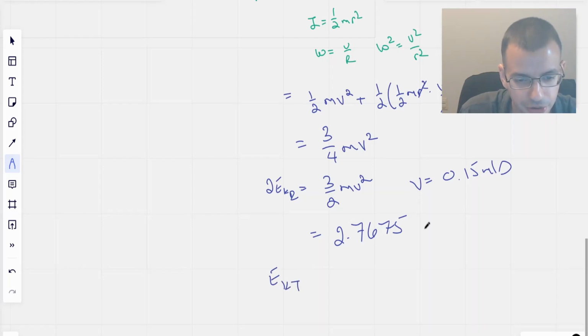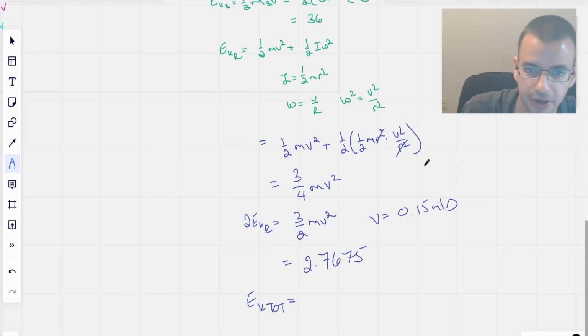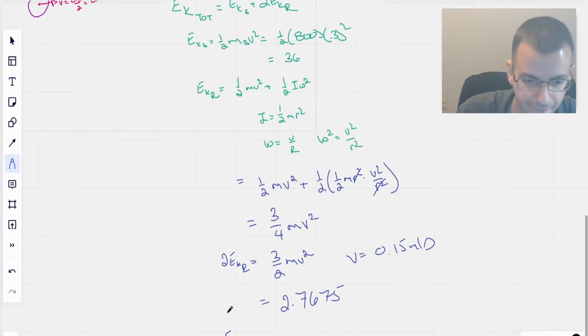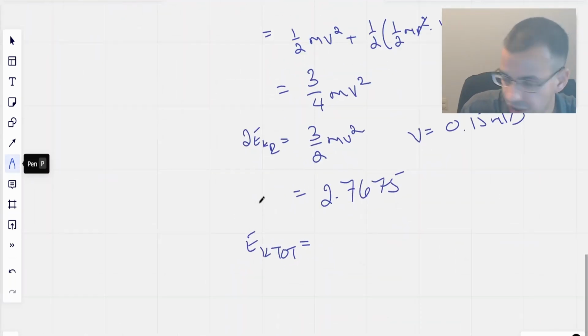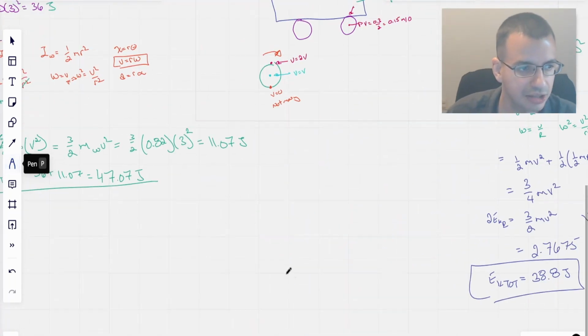Energy kinetic total is therefore 2.7675 plus the slab, which is 36. This gives us a value of about 38.8 joules, which is less than the previous one.